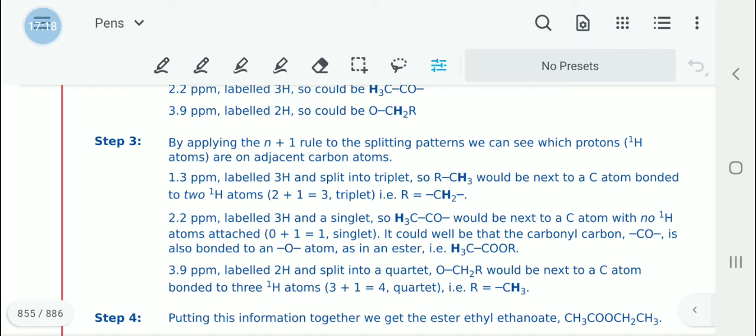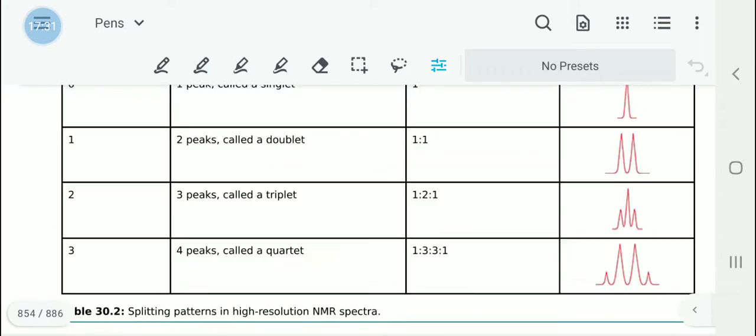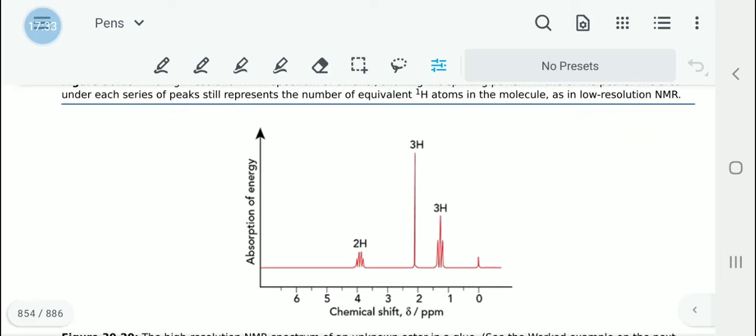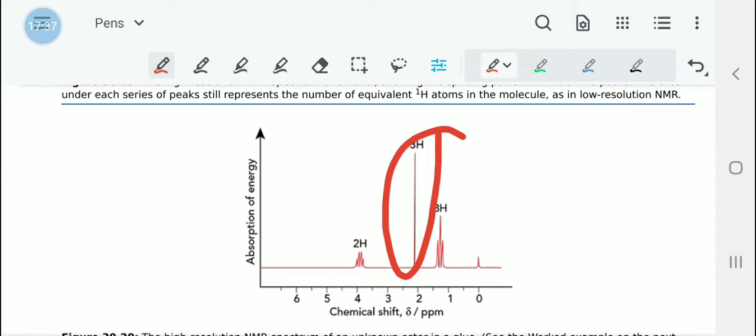It should be next to a carbon atom with no H atoms attached to it, because it could be a carbonyl compound. What you need to understand is that this 3H here does not say that it is split into 3.